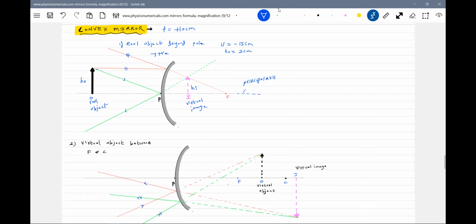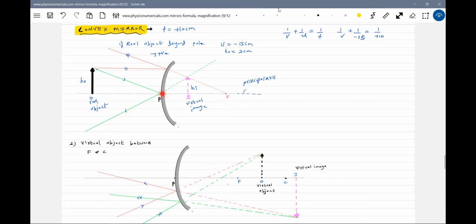Okay, let's use the mirror formula, 1 by v. What is the object distance? Minus 15, and plus 10. Why is the sign negative, why minus 15, and why plus 10?